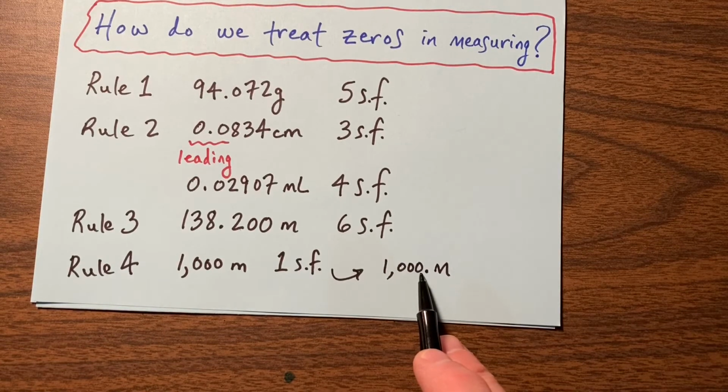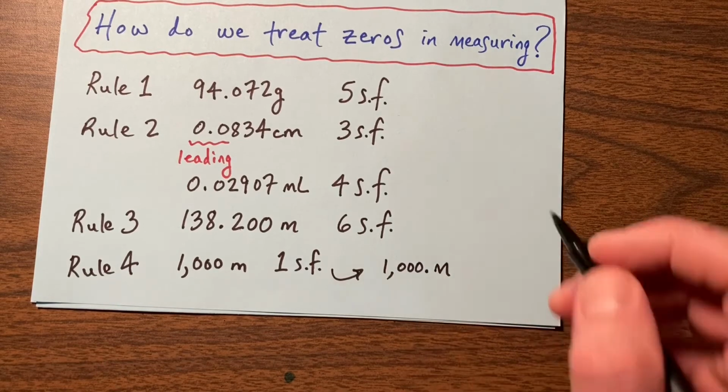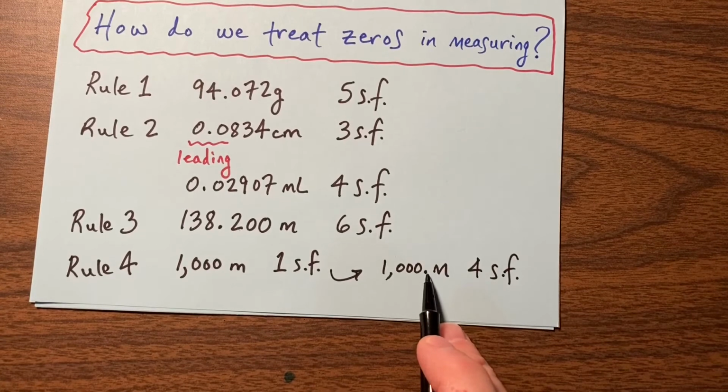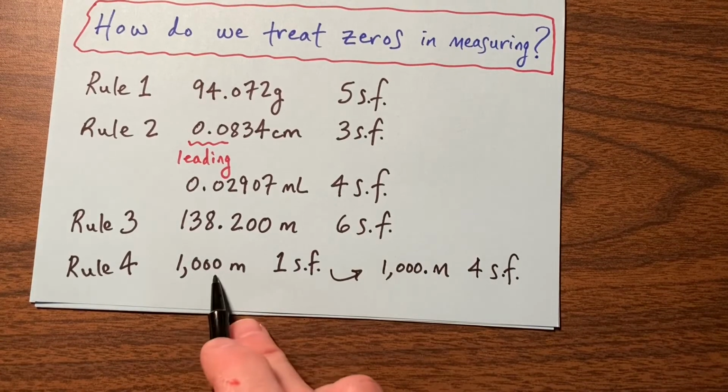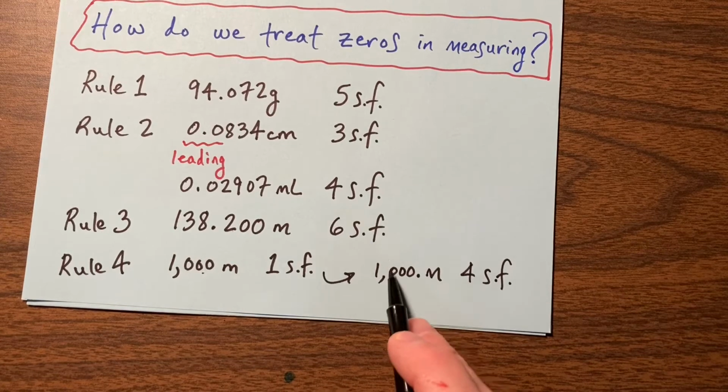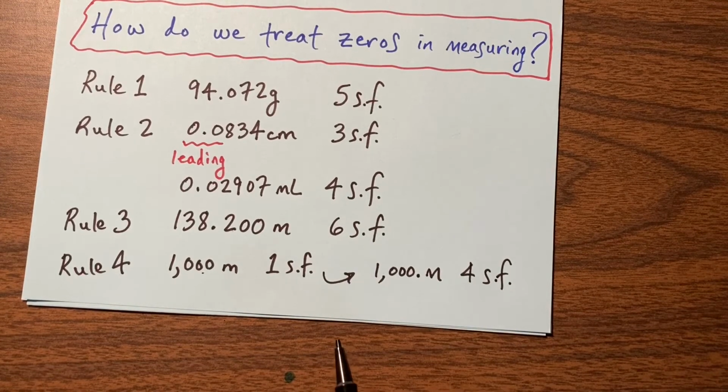It was just calibrated with more precision. Therefore, this number would have 4 sig figs. See, just putting the decimal place there changes it from 1 sig fig, where those aren't significant, to making those zeros significant. So that's the rule I want you to use in this class as well.